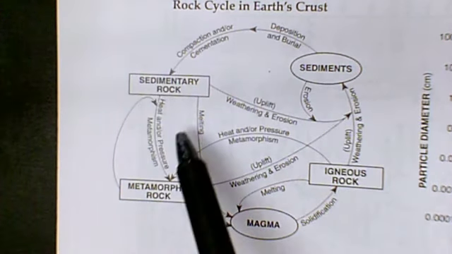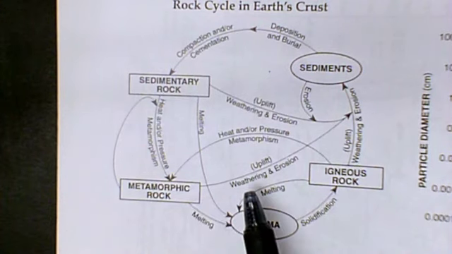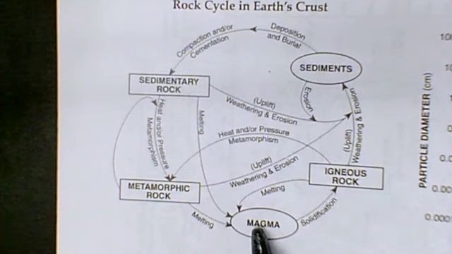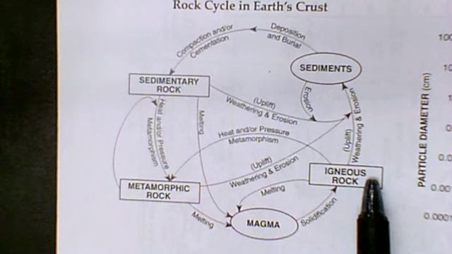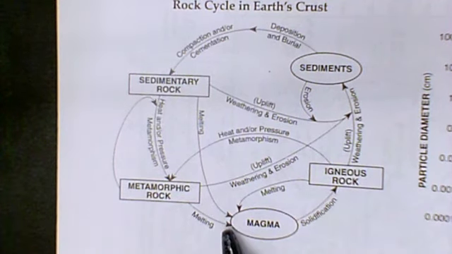So this shows all of the pathways by which these can become each type of rock. And as you can see, even igneous rock can remelt, become magma, and become igneous rock again. Those are all of the pathways, and each is just one of those cycles of nature that God set up to recycle the matter on Earth.